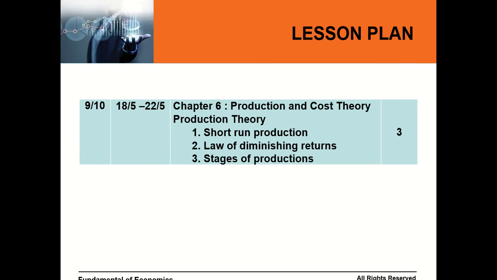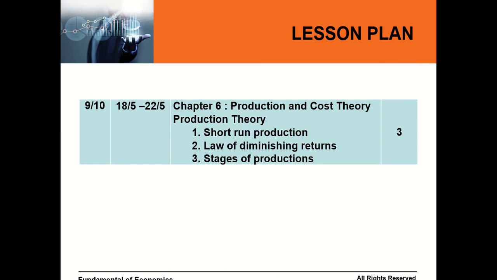There are three things that will be discussed. First is short run production versus the long run production. In short run production, we have a law that we call the law of diminishing return.